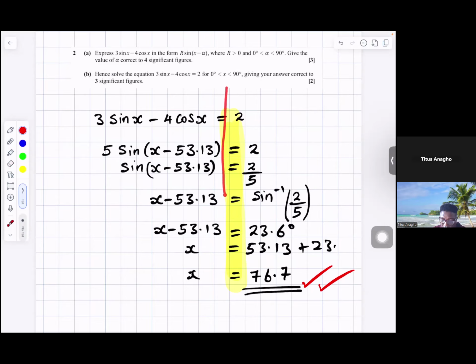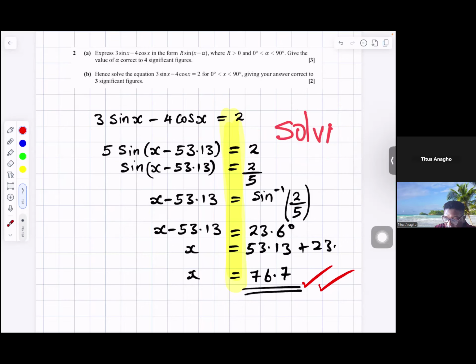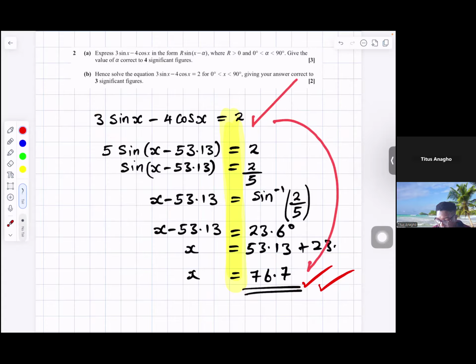So you keep your equals signs in a straight line, which makes it easier to check your work in the exams. And remember, if you have a graphics calculator, a CG 100 or CG 50, you can use the function called solve, and it will give you this answer before you show the working out. You must show the working out to get the marks, but the calculator will tell you the answer before you do it. So that's how you do question 2.